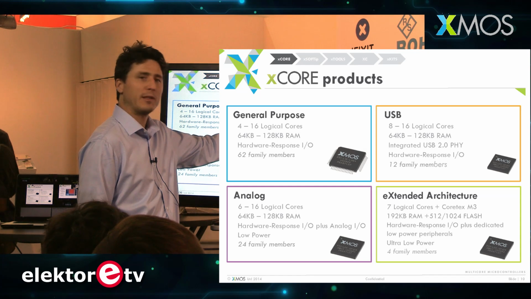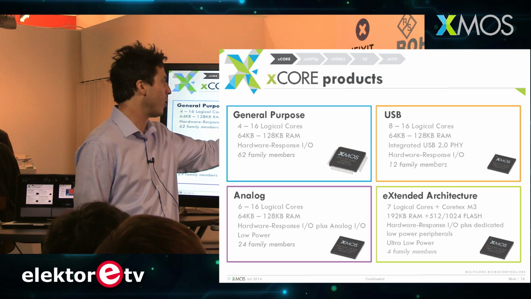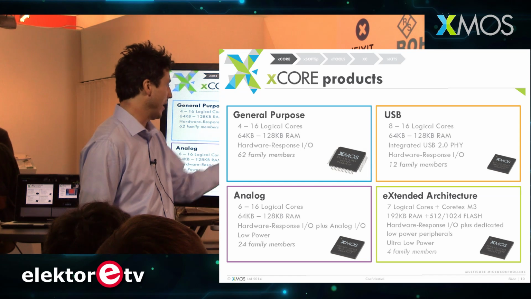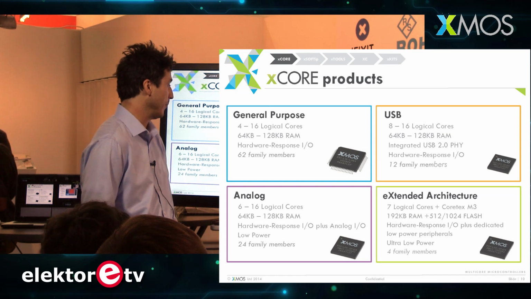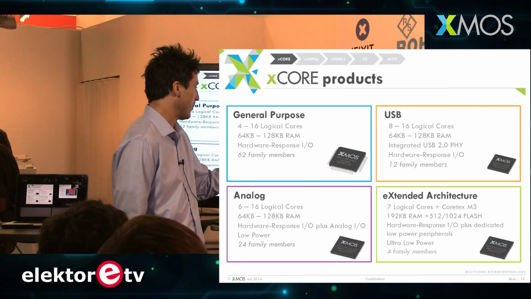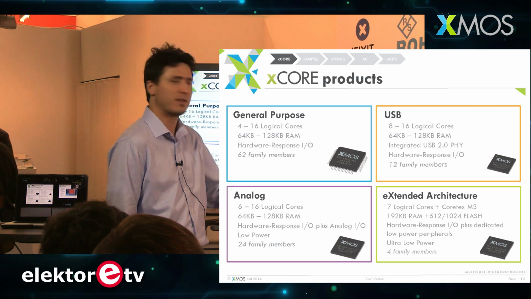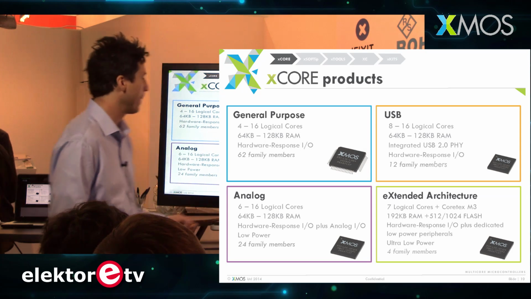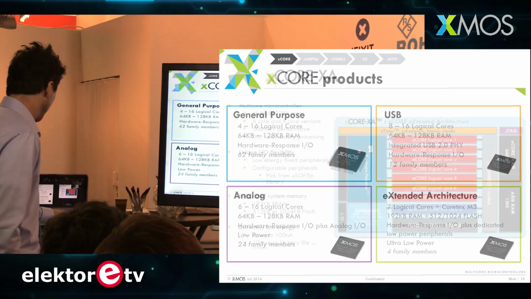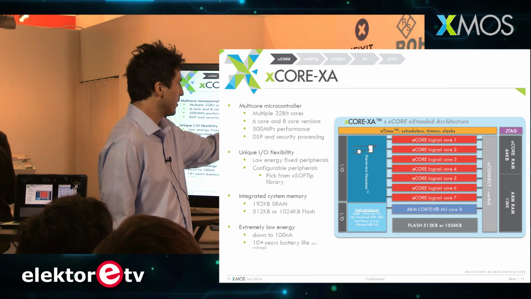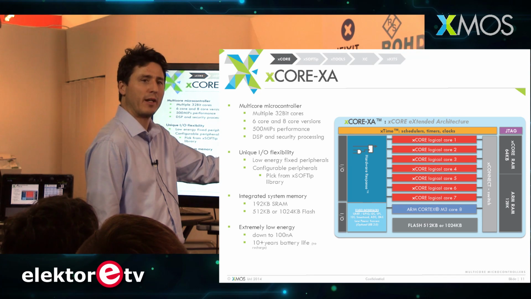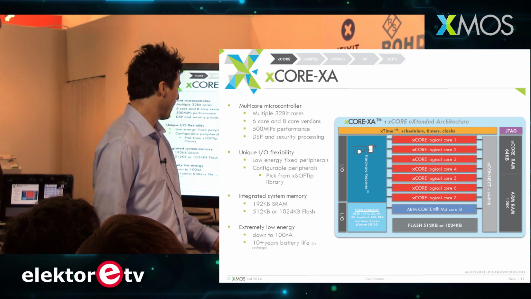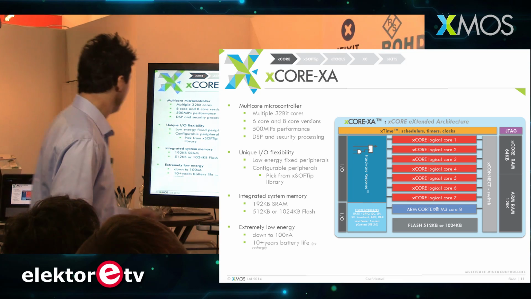By the way, these power supplies and ADCs are also part of the USB family. And then we have an extended architecture, which means you get 7 logical xCores plus one Cortex M3. And here's an illustration of it: 7 logical xCores and an ARM Cortex M3 with low power peripherals.